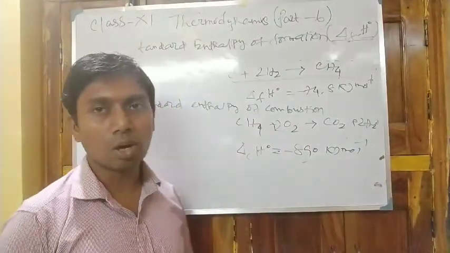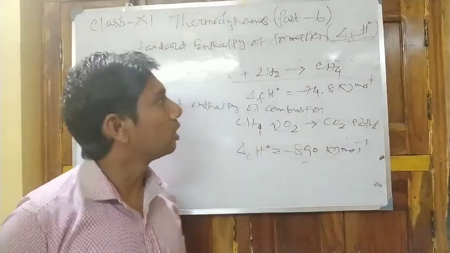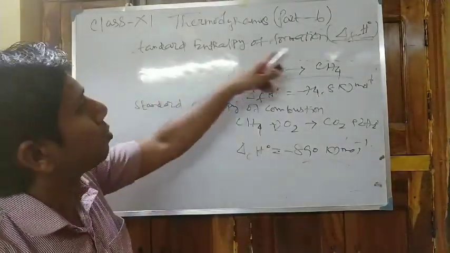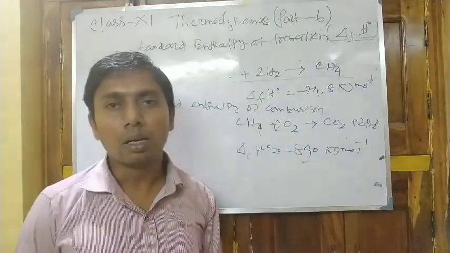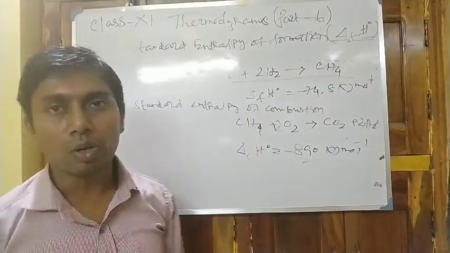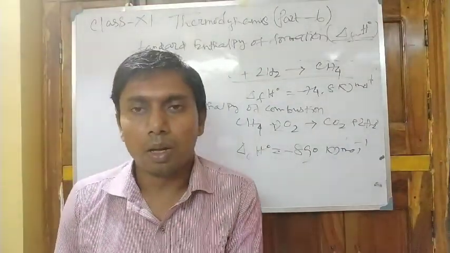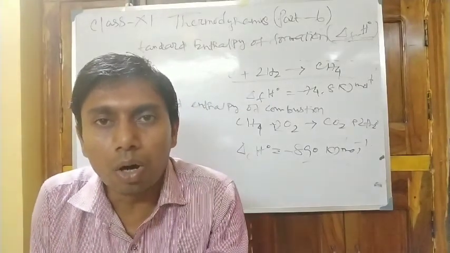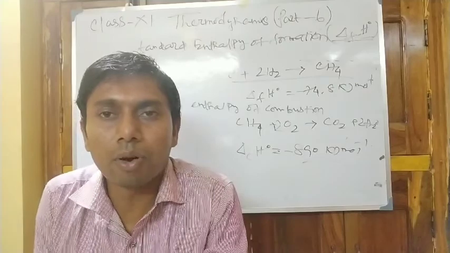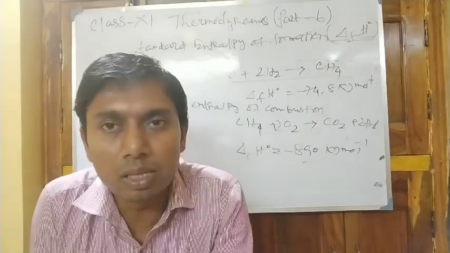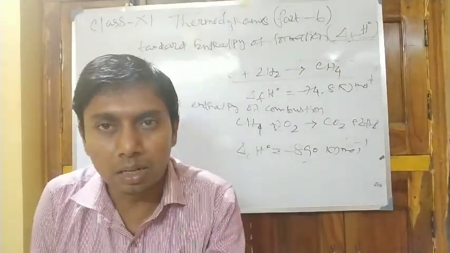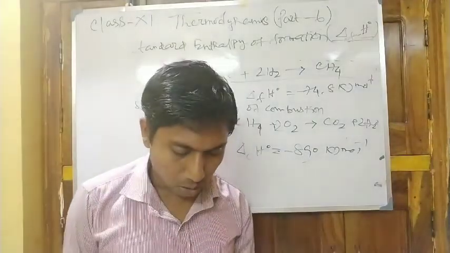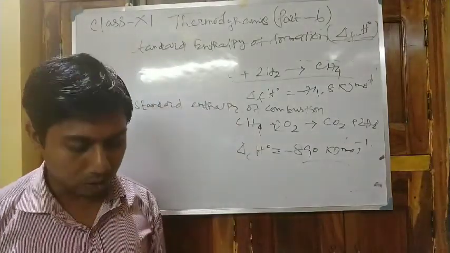Now the importance of this term is that when we have to find the energy change for an industrial process, or the heat energy required for a process, we should go with this mathematical expression. Next one, what is thermochemical equation?